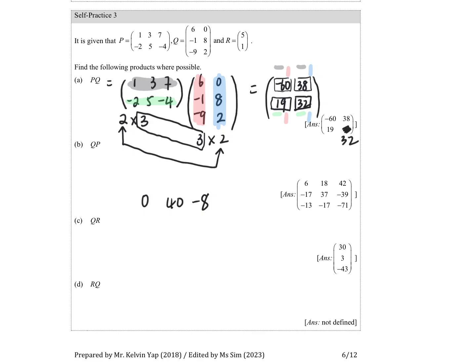Okay, so do the same thing for QP, do the same thing for QR and RQ. Okay, practice and make sure you can do.